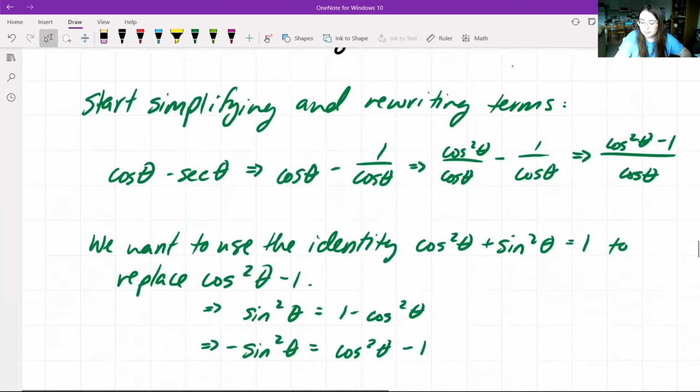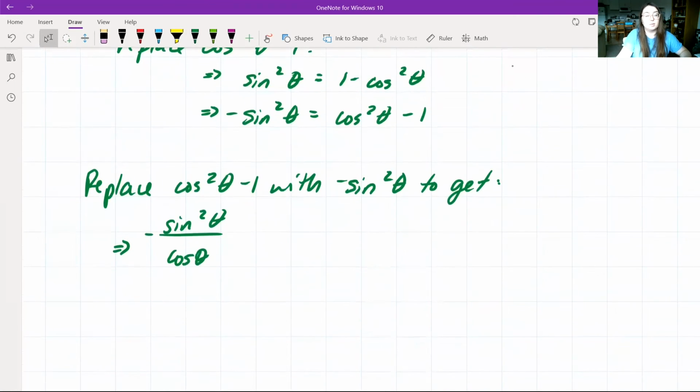We also have a denominator of cosine of theta, and we know that tangent of theta is equal to sine of theta over cosine of theta. So let's go ahead and split up our sine squared. If we do that, we can pull the negative sine of theta out and leave the positive sine of theta over cosine of theta, which we then see is equal to tangent of theta.